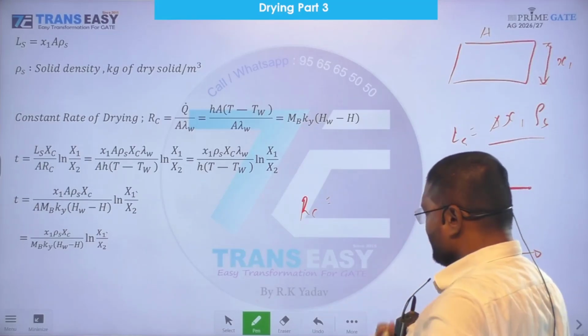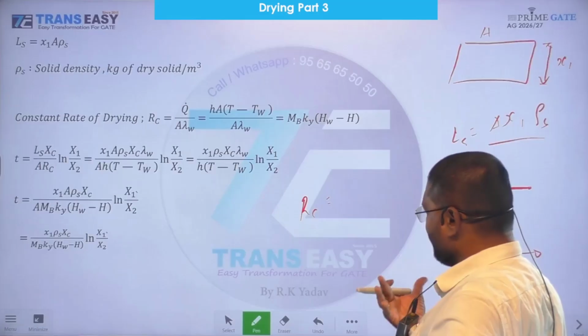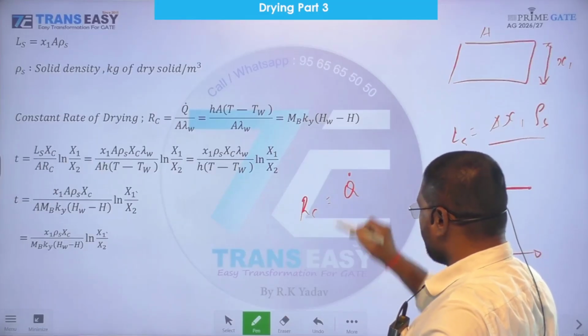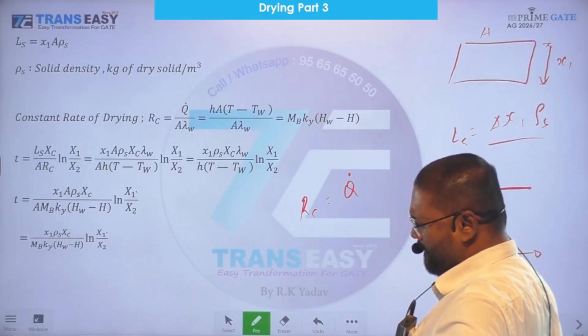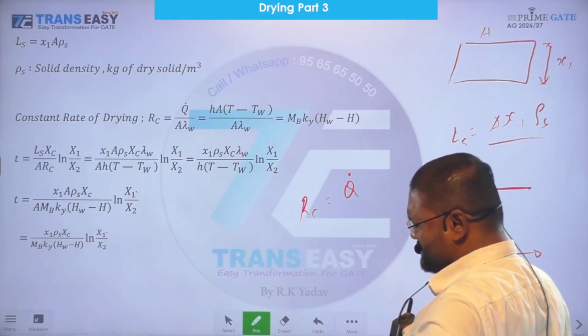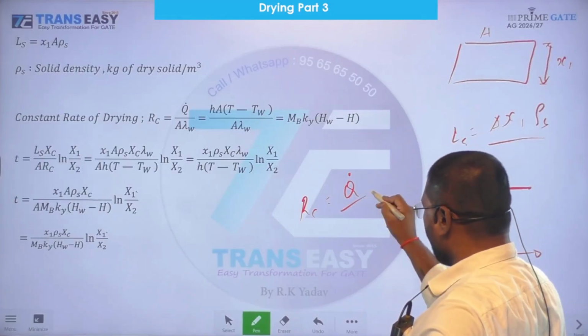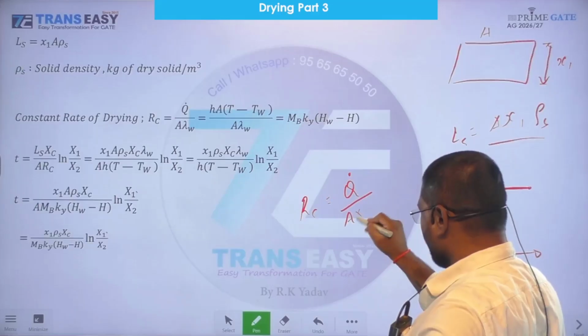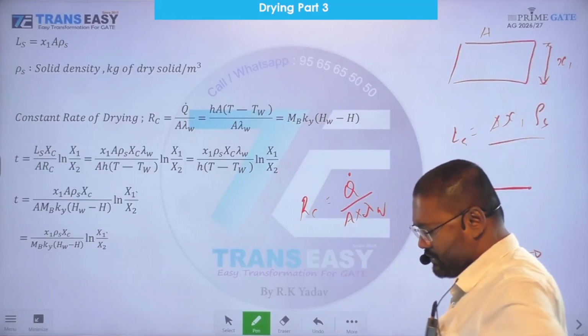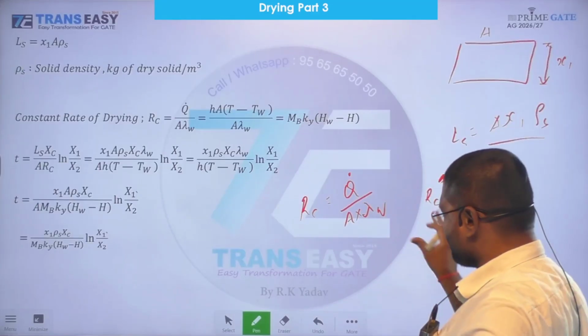From constant rate drying theory, RC is the convective heat transfer from the drying gas to the thick layer of liquid on the surface of the material under drying, upon exposed surface area, into latent heat of vaporization at wet bulb temperature. Already we have discussed all these things.